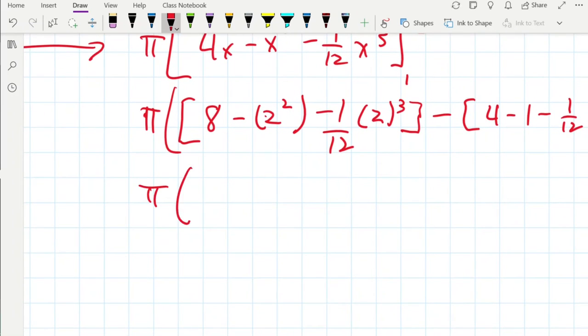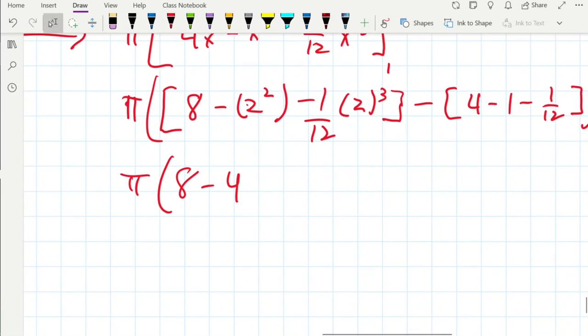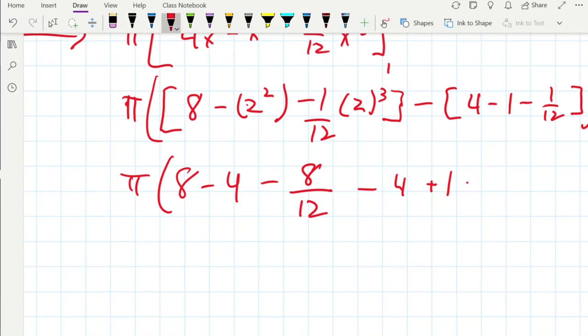So that'll be pi 8 minus 4 minus 2 times 2 is 4 times 2 again is 8 over 12 minus 4 plus 1 plus 12.